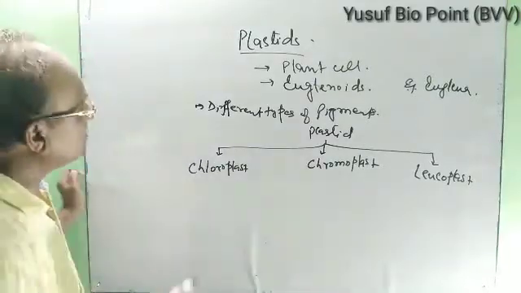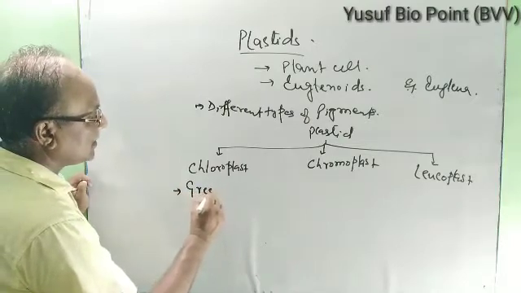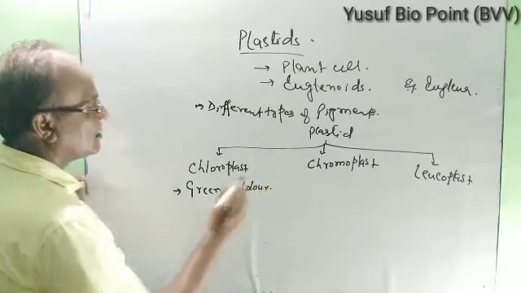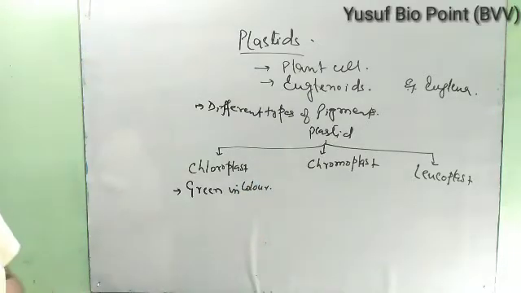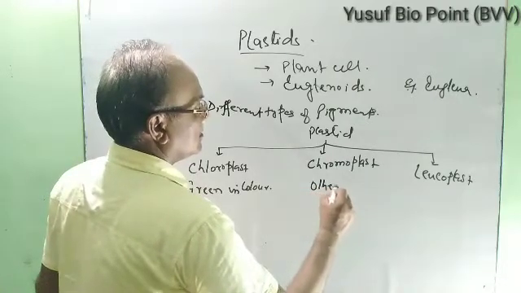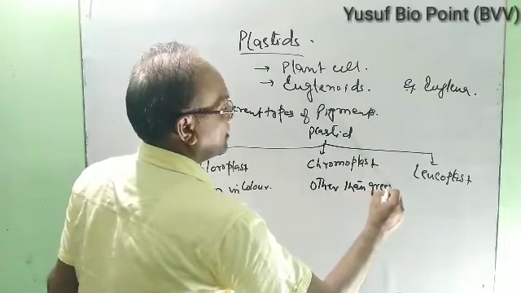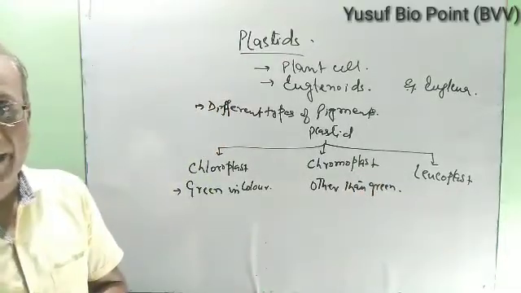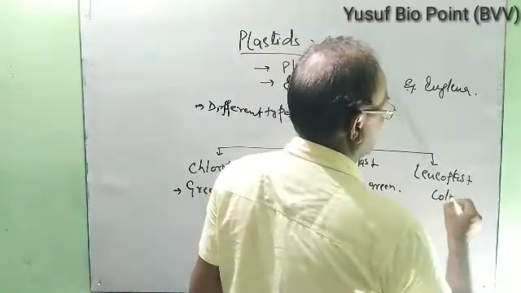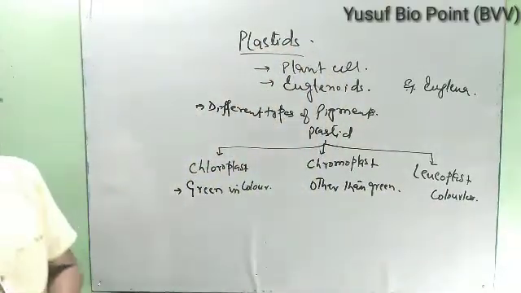Now, what type of colors? Chloroplast is green in color. Chromoplast is other than green, and leucoplast is colorless, that is white.